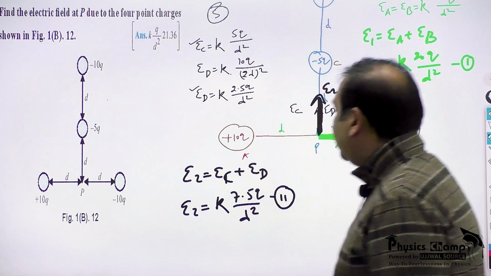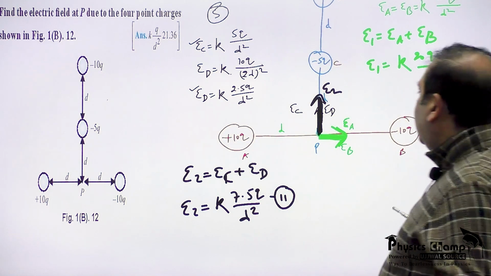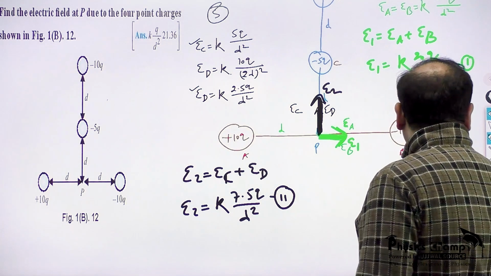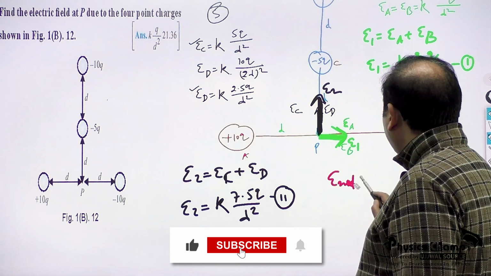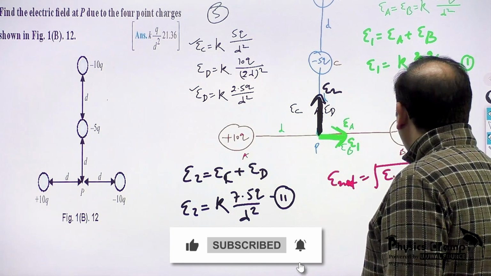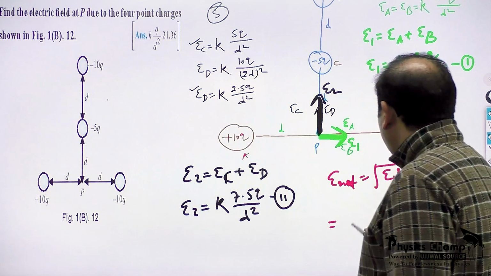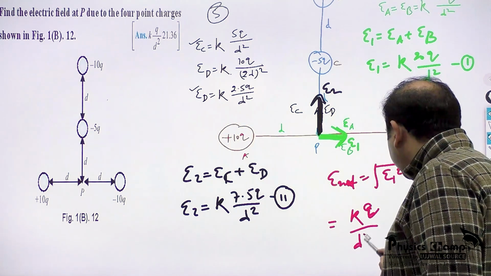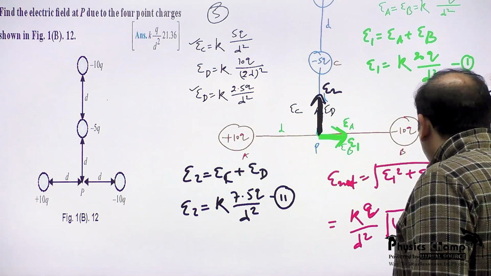This is second. Now if I say how to find the net electric field. So the net electric field here will be root of E1 square plus E2 square. It will be KQ by D square root of 20 square plus 7.5 square.